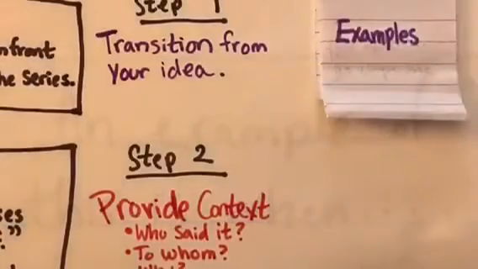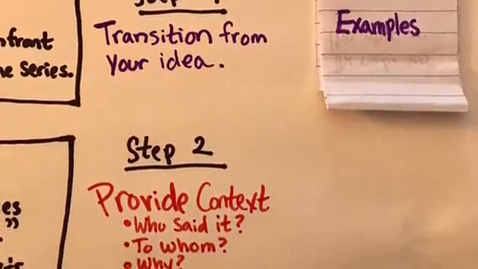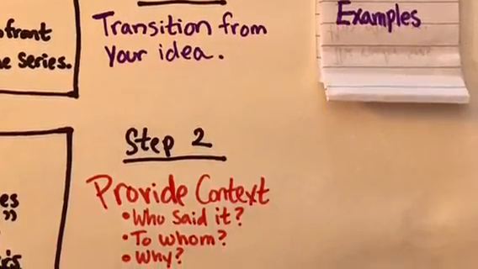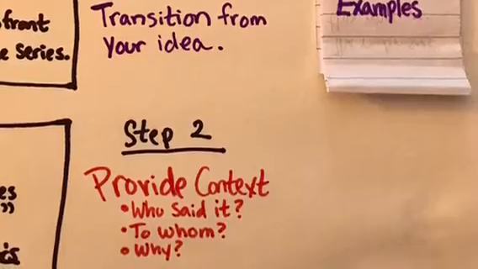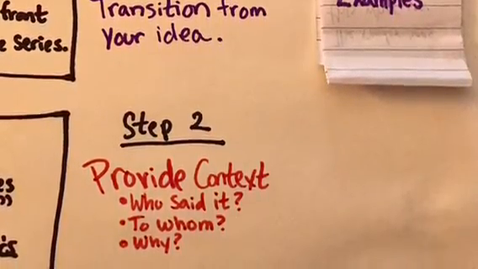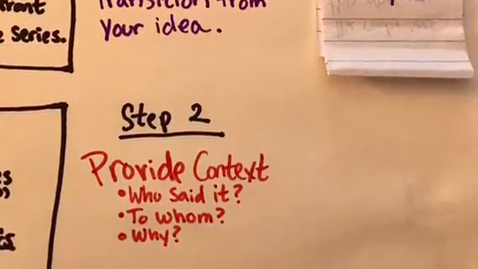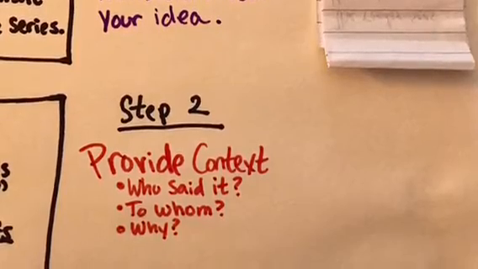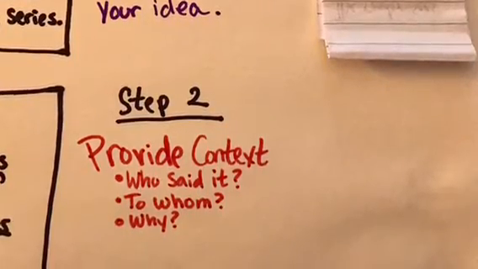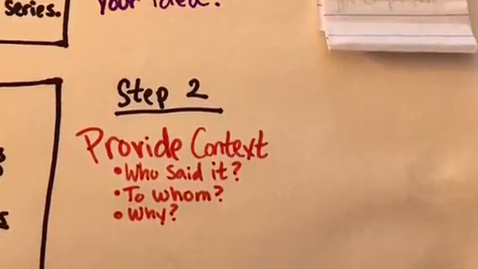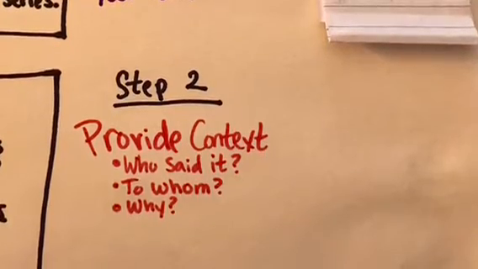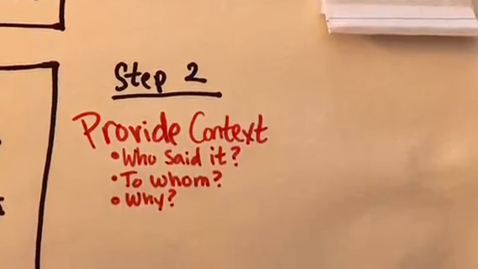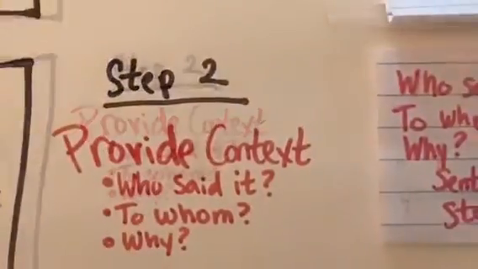Your second step is to provide context. And when I do that in the 3 and 4 column, I will do that in pink. So context is something like who said it, to whom, and why. You don't have to answer all 3 of those. If you do, you're really ramping up your context there. Providing some context really does help integrate the quote more smoothly. So I've got some examples.